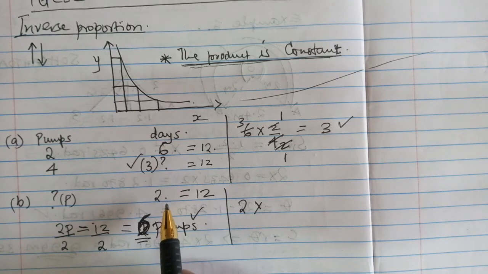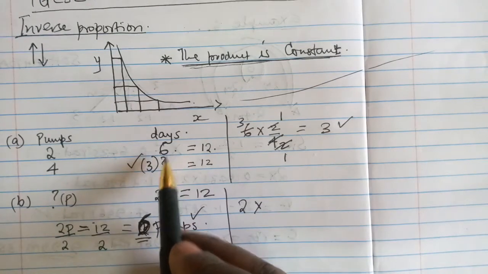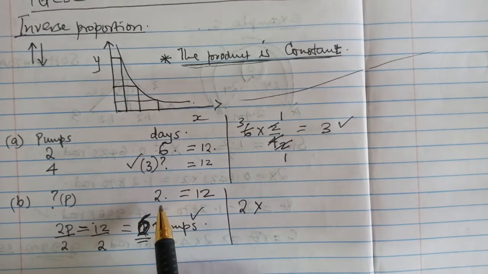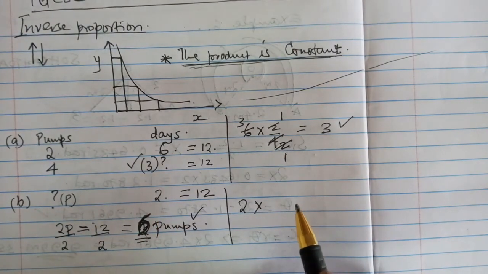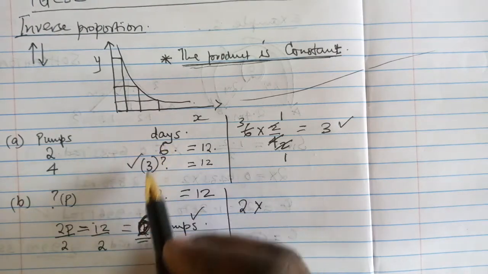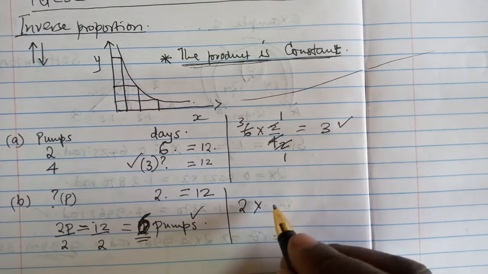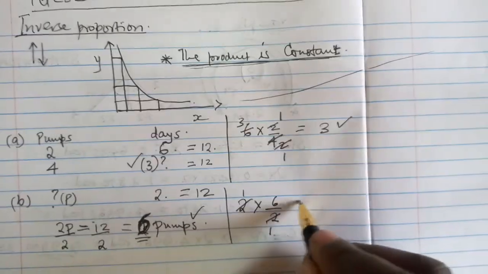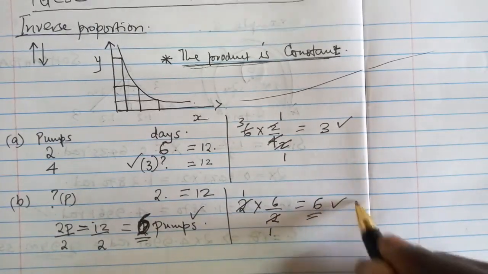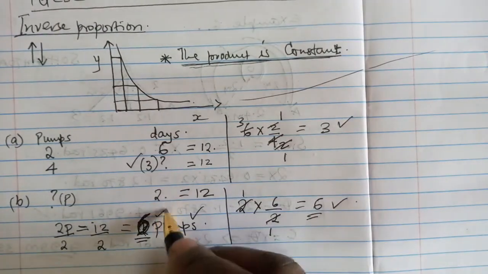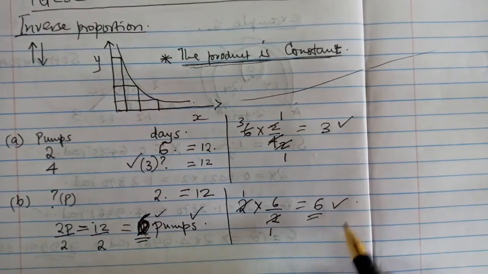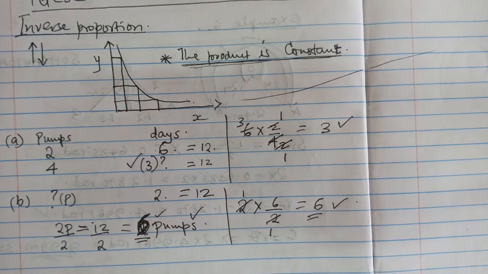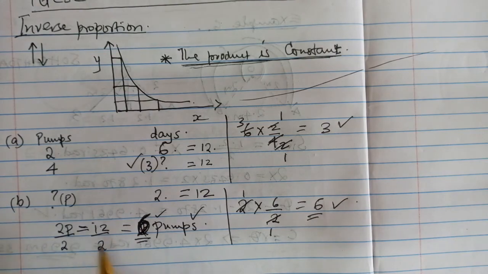Do you think the number of pumps has increased or reduced? We took 6 days, now we are going to take 2 days. Obviously, the number of pumps has increased, and then we take the bigger fraction between the two, which is 6/2, and the answer is easily 6. The same answer we got in the first approach is the same answer we are getting in the second approach. So please note there are 2 approaches here.